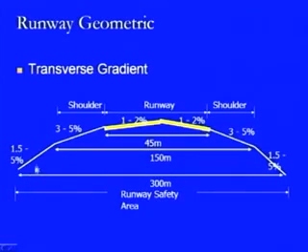And then finally, on this embankment condition, the transverse slope can vary between 1.5 to 5%, and the final width at the bottom will be 300 meters. This is the runway safety area. So, this is what is to be provided in the longitudinal direction as far as the width is considered for any runway strip.